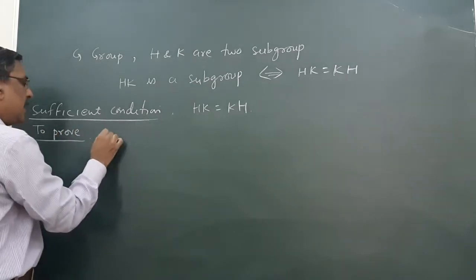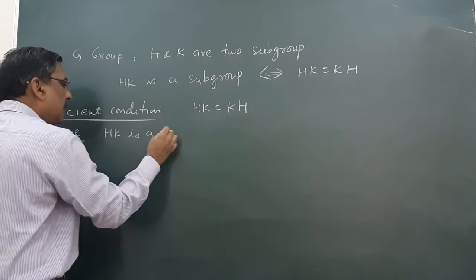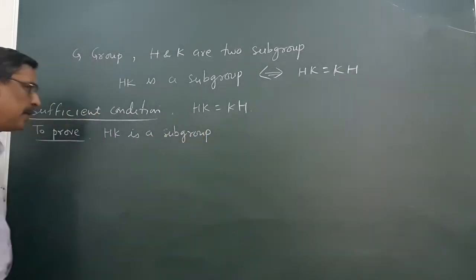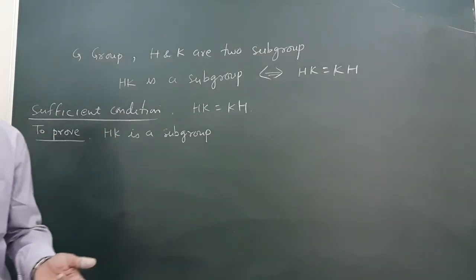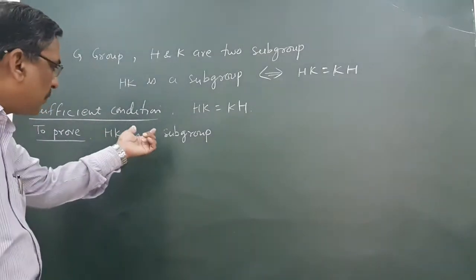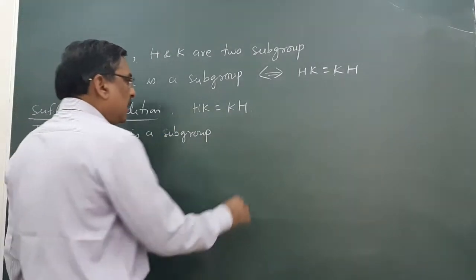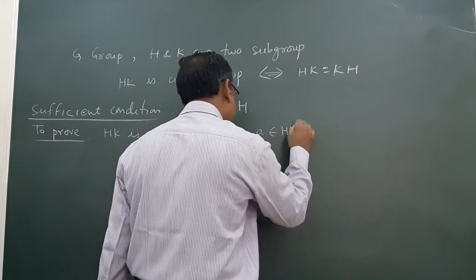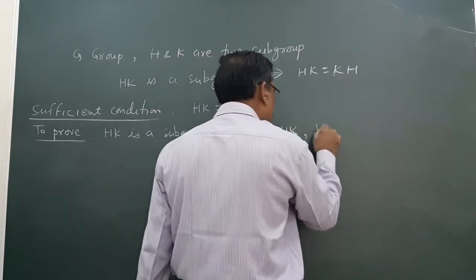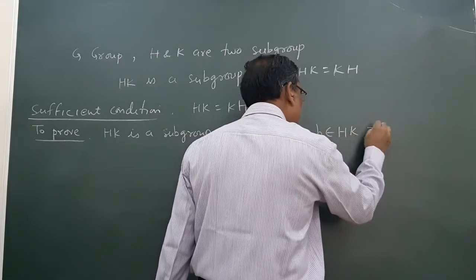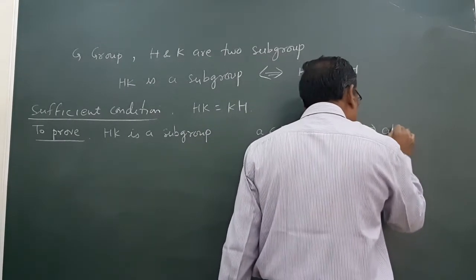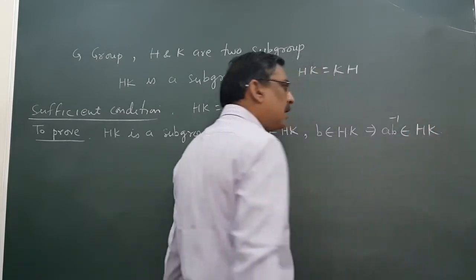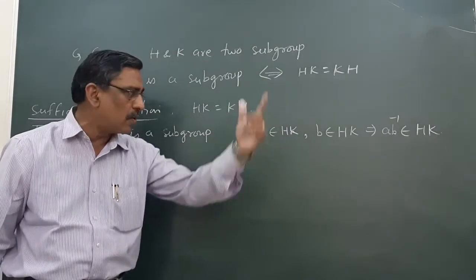To prove HK is a subgroup. Any set can be proved a subgroup if A belongs to HK, B belongs to HK, implies that if we are able to prove AB inverse belongs to HK, then naturally HK will be a subgroup.